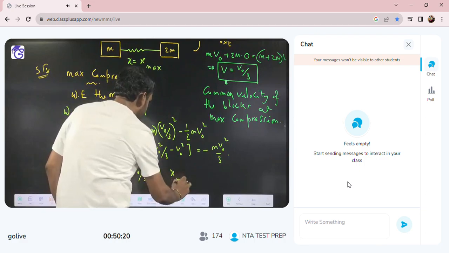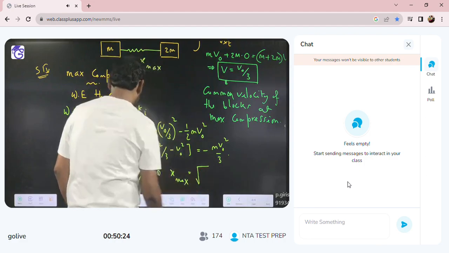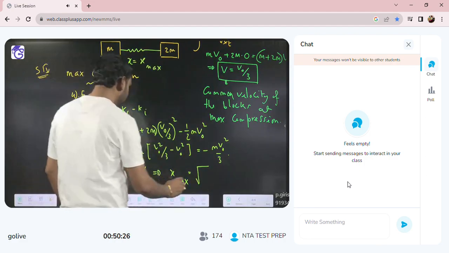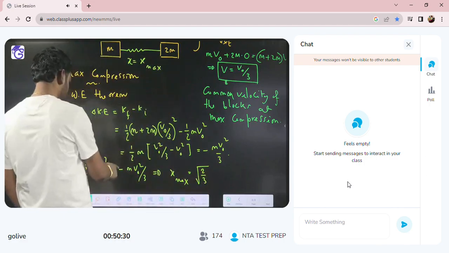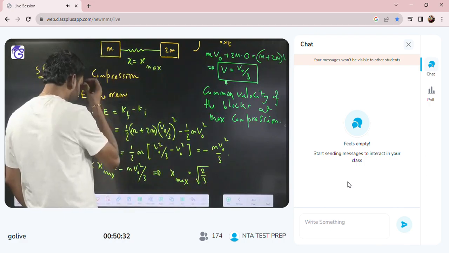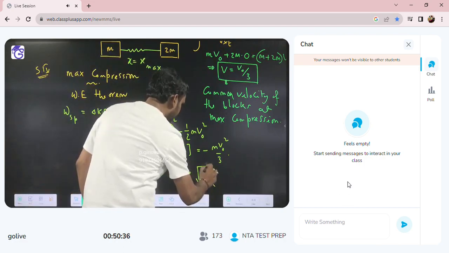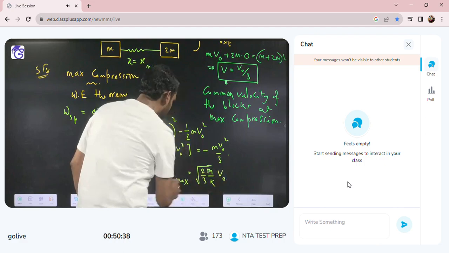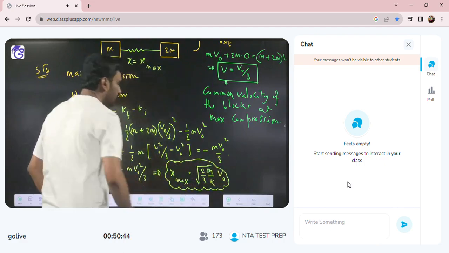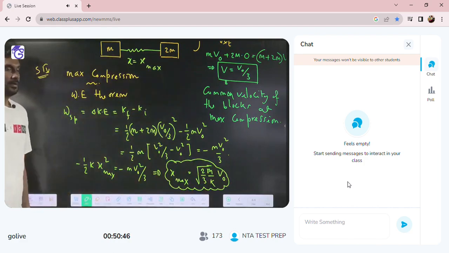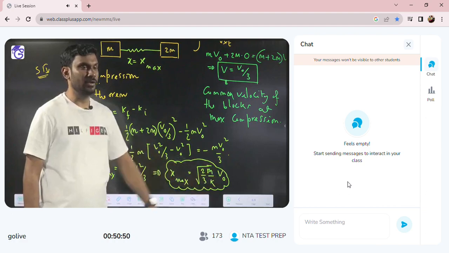X max is equal to root under of 2 by 3 m by k, into V0. This is going to be the final answer.